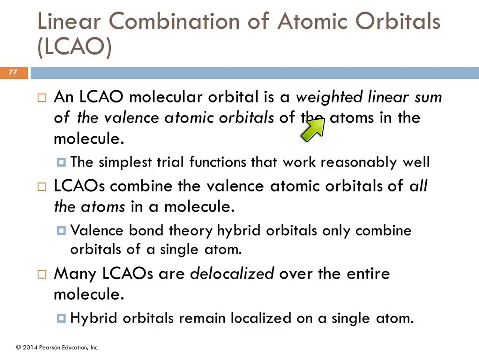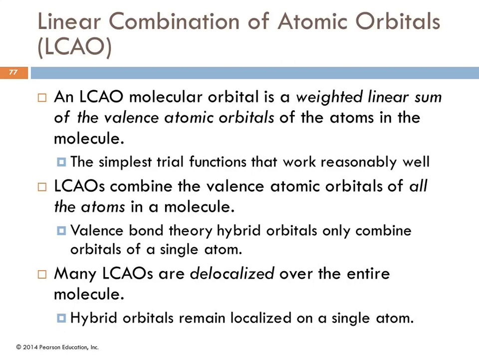It's a weighted linear sum. So we bring these two orbitals together. This is the simplest trial function that actually works reasonably well. And so these combine the valence atomic orbitals of all the atoms in a molecule. And in molecular orbitals, we're talking about electrons being delocalized over the entire molecule and not being localized between two atoms.